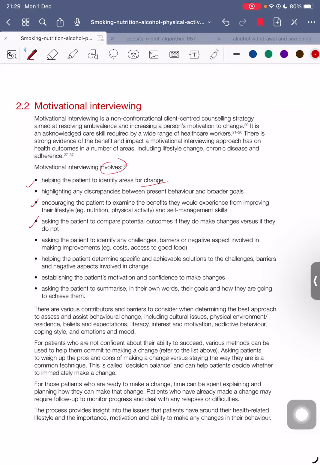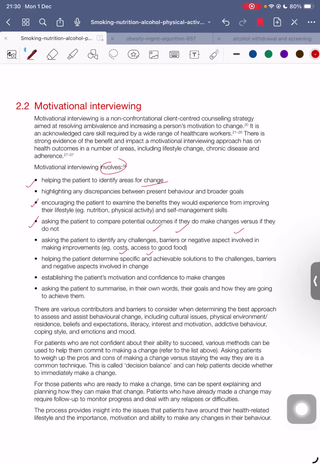We can tell the patient about these outcomes and compare them. Ask the patient to identify any challenges, barriers, or negative aspects involved in making improvements, like money problems or not having good access to healthy food.